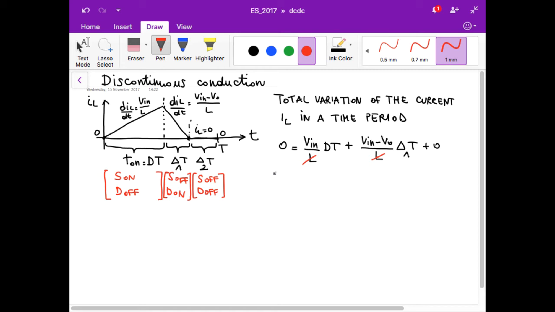Again, we can put VO on the left hand side here, VO times delta 1 times D is equal to, and we collect all quantities with V in, we have V in times T times D plus delta 1, okay?